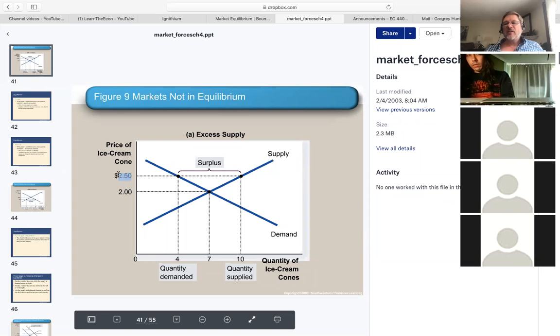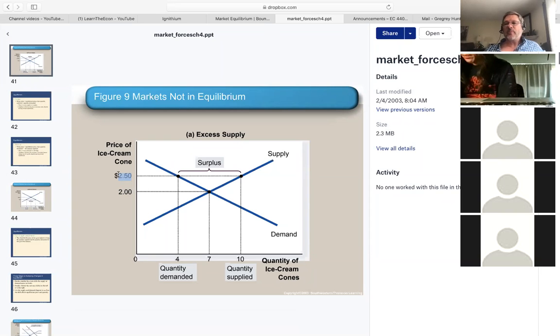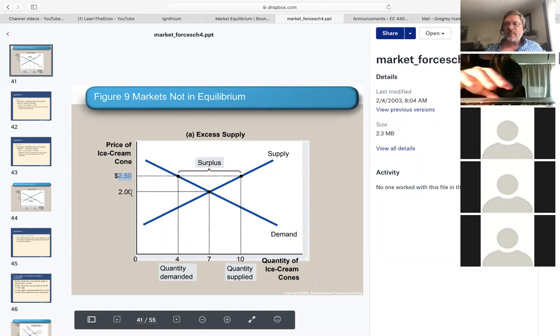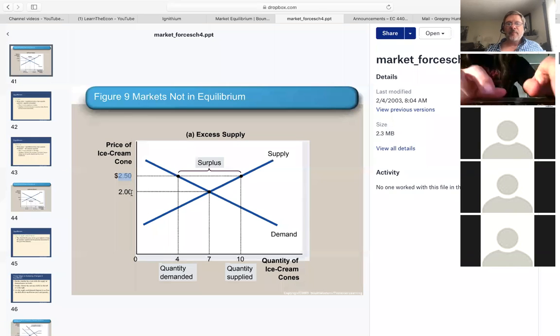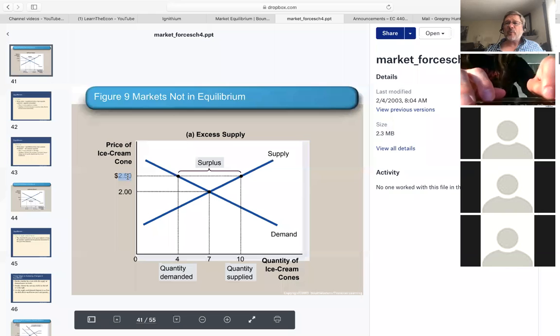Maybe they say ice cream is bad for people, and so when the price is at $2, it's too cheap, and they purchase too much. So we're going to raise the price and make ice cream more expensive, so people don't buy as much because it's bad for them.